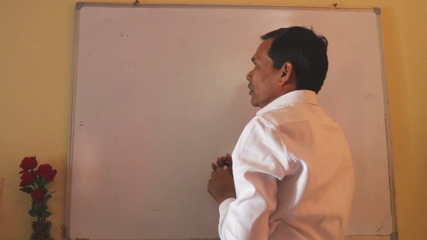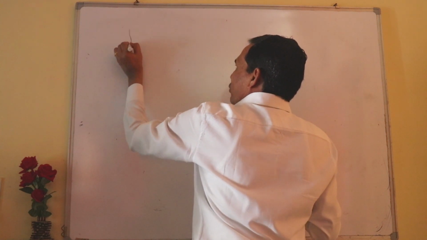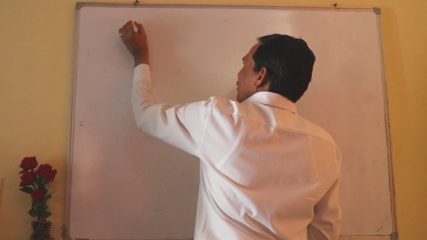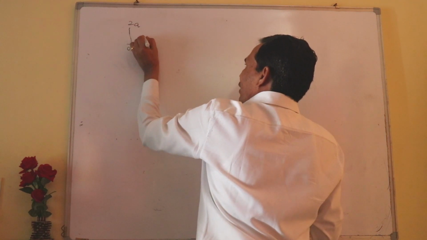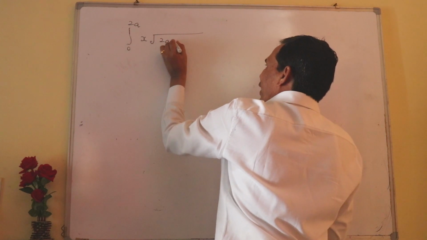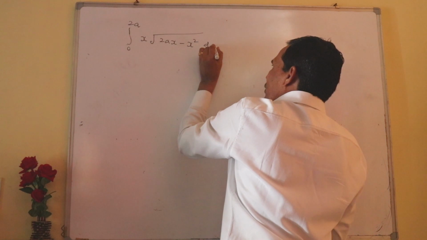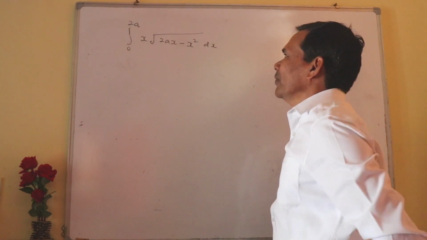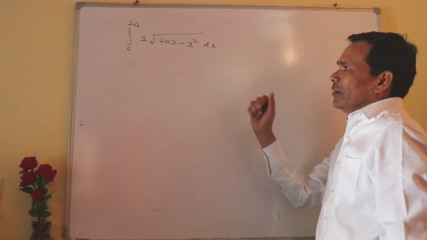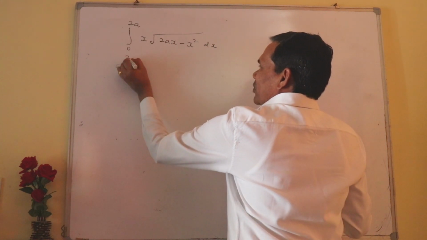Now next, suppose you have some more integrals, say from 0 to 2a. Evaluate this integral: x into root of 2ax minus x square into dx. Suppose you need to find the value of this integral, then we write this integral in the form from 0 to 2a.